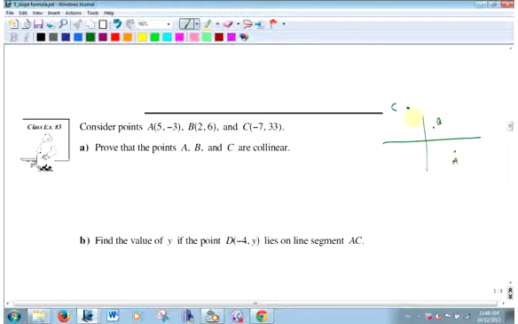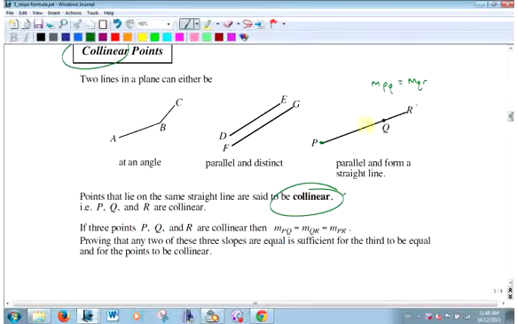Okay? How do I know that these guys are collinear? Well, what did I just say? They're collinear if this slope equals that slope, right? Then you can say they're all line segments on the same line.